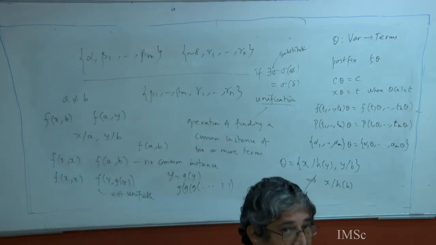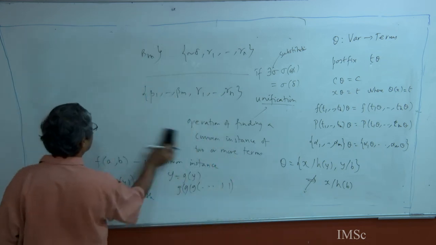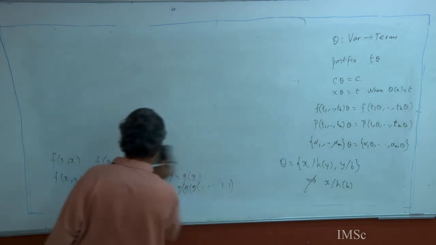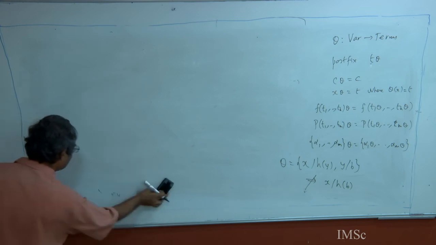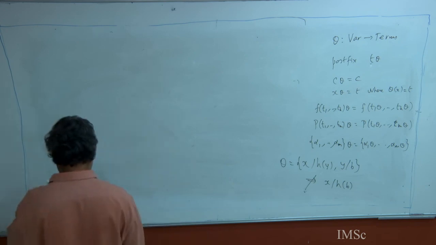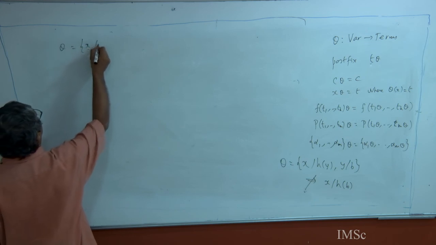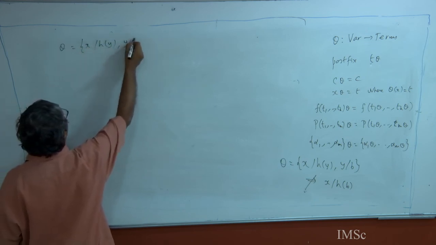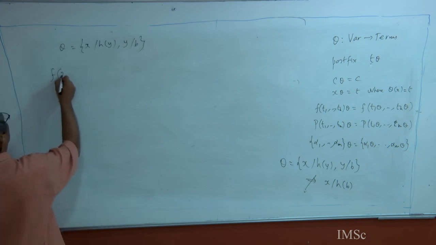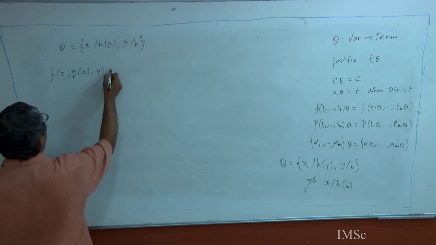Let me show you some examples again. Let me take this theta as this. F of x, g of y, theta.